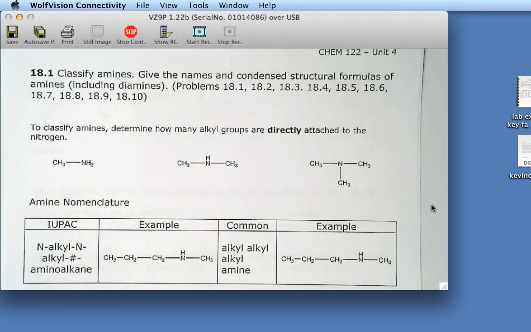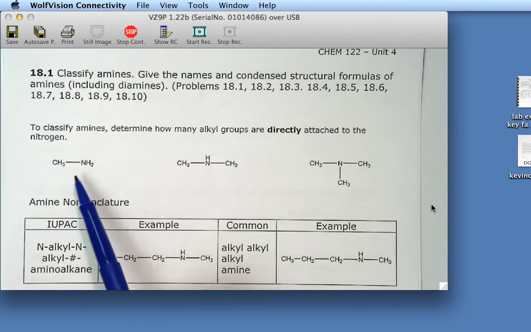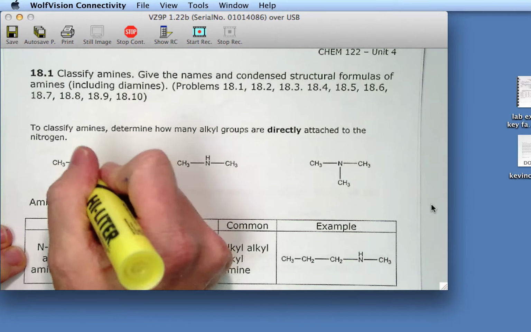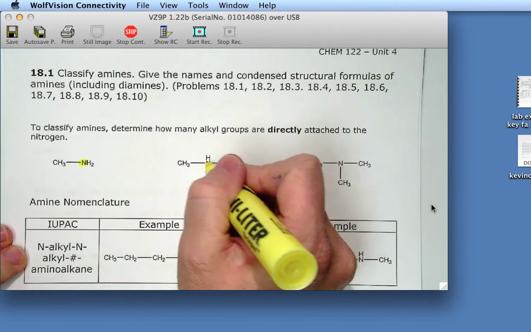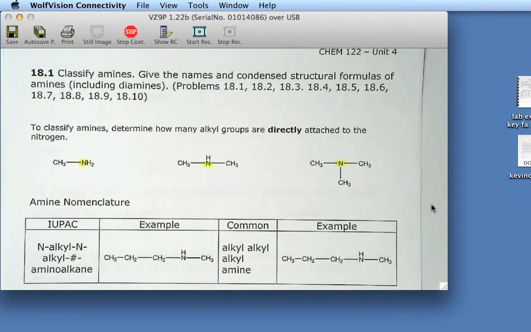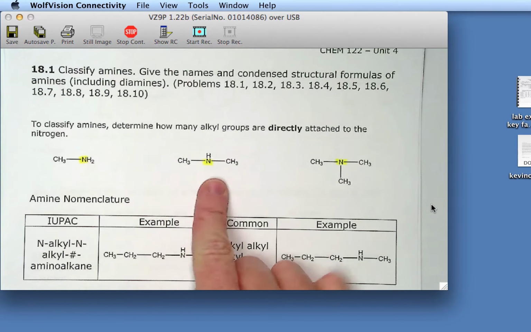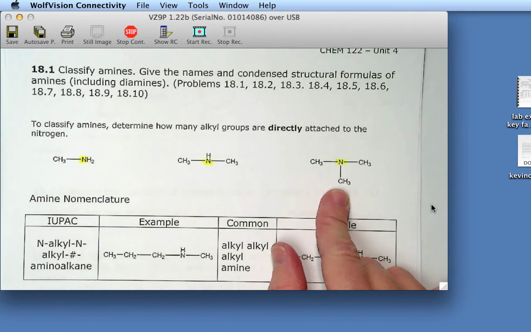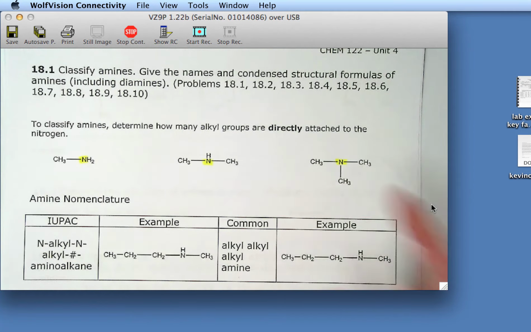Amines. Amines have a nitrogen. Single bond, there's no carbonyl anywhere. So amines, I always say, have a lot of different looks. This first one is an amine. The second one is an amine. And this third one is an amine. They're all amines.